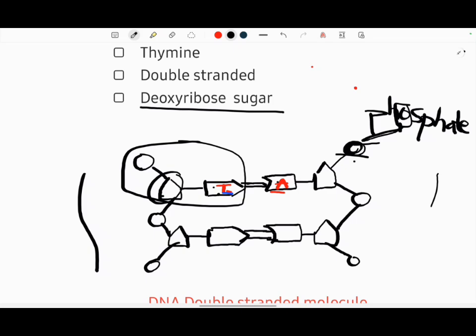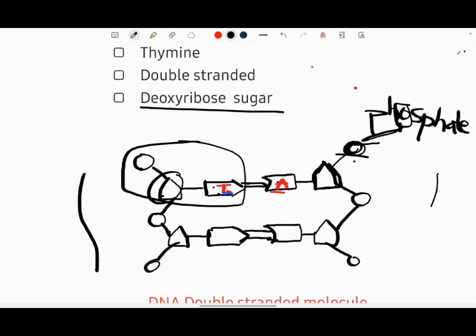And then there's also a deoxyribose sugar. This house-like thing is called sugar. If you also want to remember it, just look at the structure. The structure is in a house shape. And what do we have in homes? If you go in a home and you want to make yourself a cup of tea or coffee, you'll need sugar.